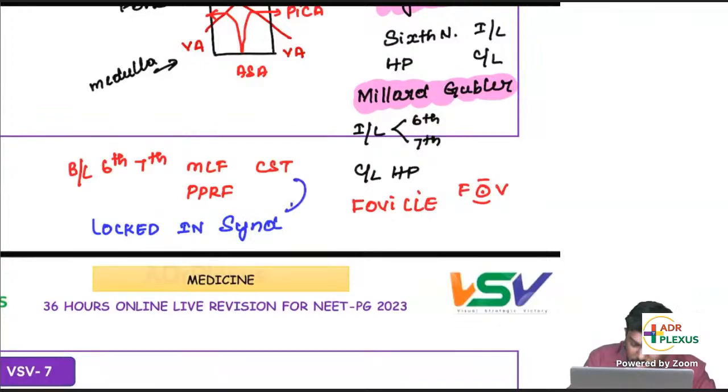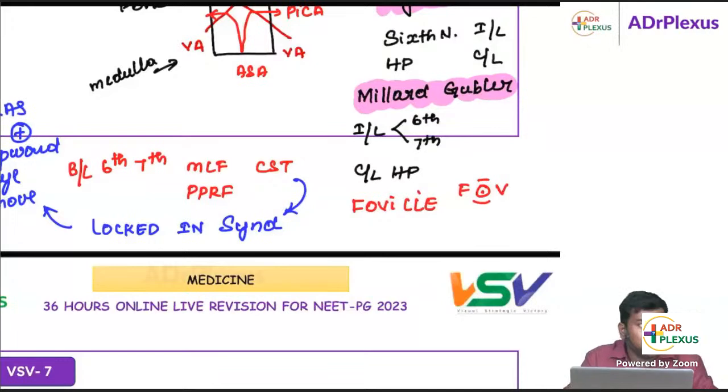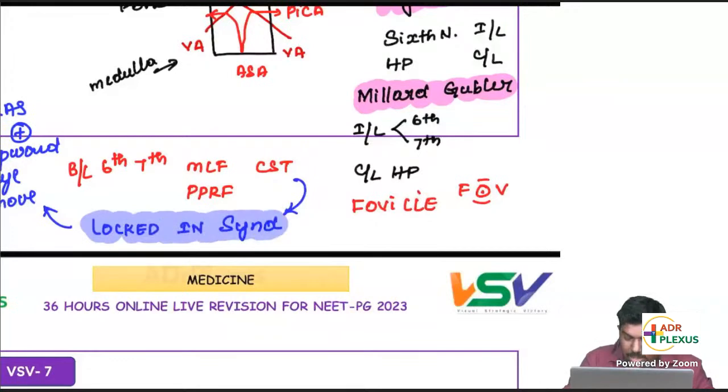In locked-in syndrome, the only movement possible in this patient is upward eye movement, plus a normal reticular activating system. So the patient is aware of whatever is happening around him. That is going to be your locked-in syndrome. So you know that Anand character in Vasool Raja MBBS, right?